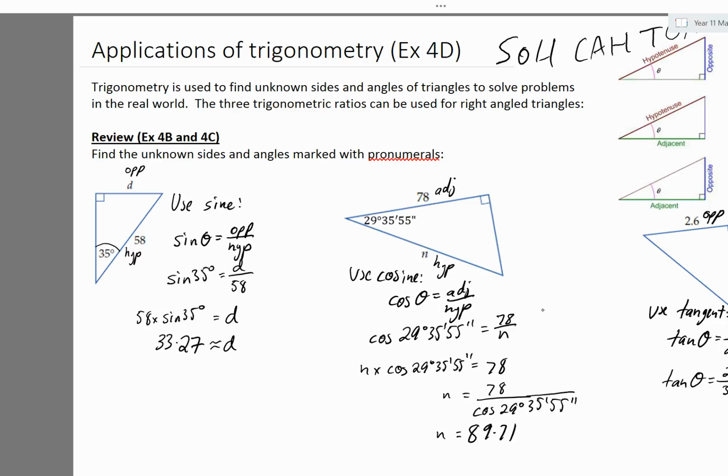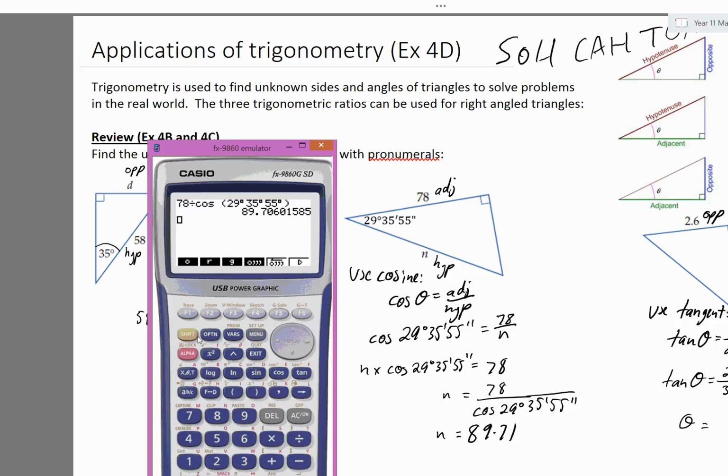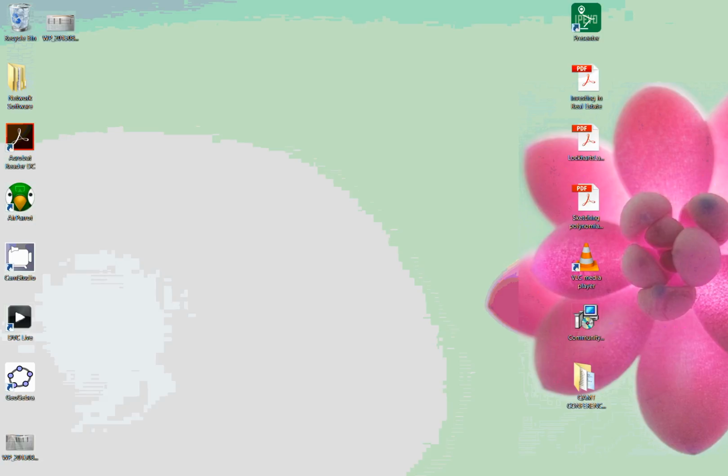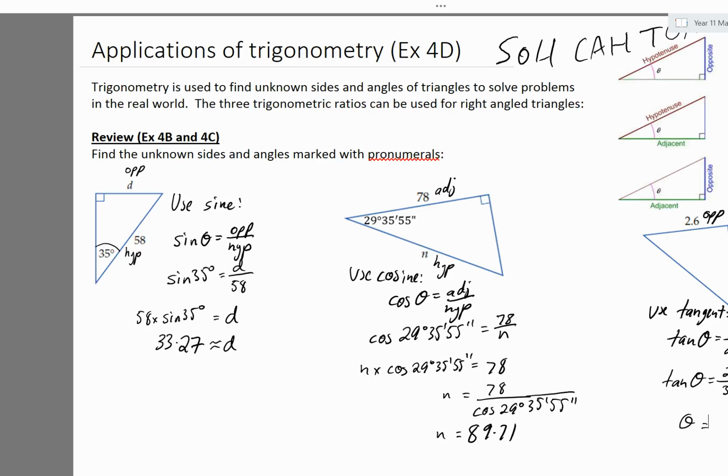To get rid of tan, some people try to do some stuff like, I'm going to divide by tan. No, no good. The only way you get rid of tan is by doing the inverse relationship to both sides. I've got tan there on my calculator. The opposite of tan is tan to the minus 1, so that will get rid of the tan from both sides.